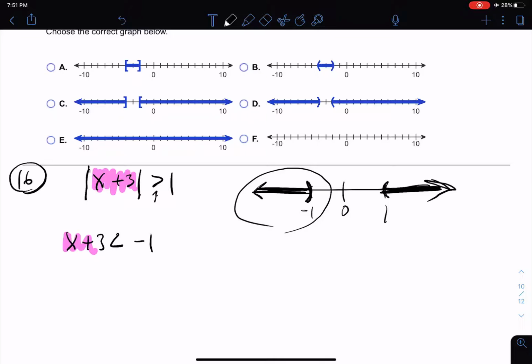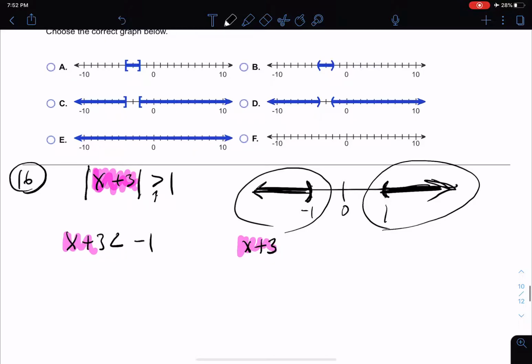Then you take that pink stuff again and write it over here. By the way, what's that pink stuff? x plus 3, the expression in the absolute value, and you use that for a guide. What does that say? It says greater than 1. And of course, this is an OR problem. And now you have changed this nasty absolute value inequality into something without absolute values that you can actually solve.